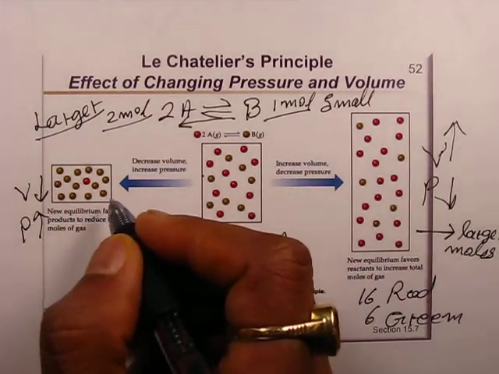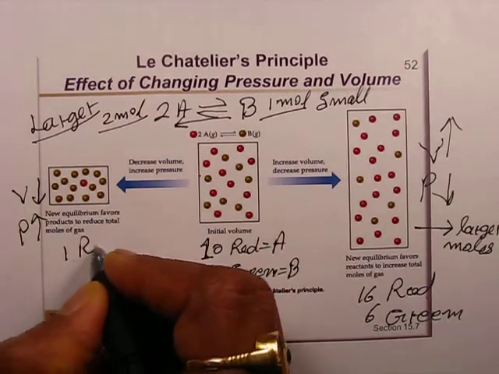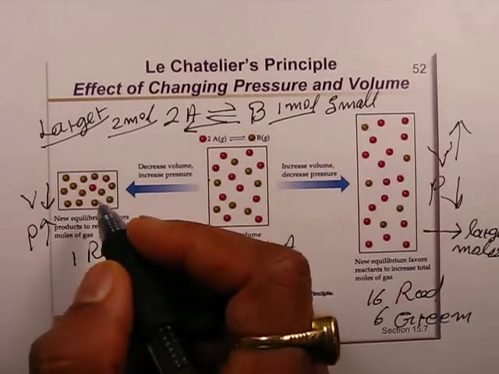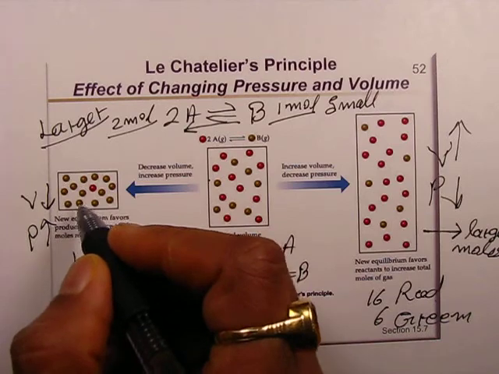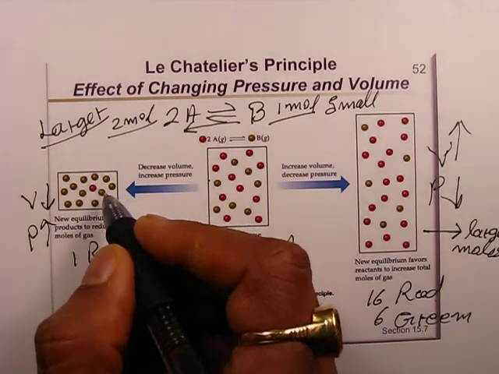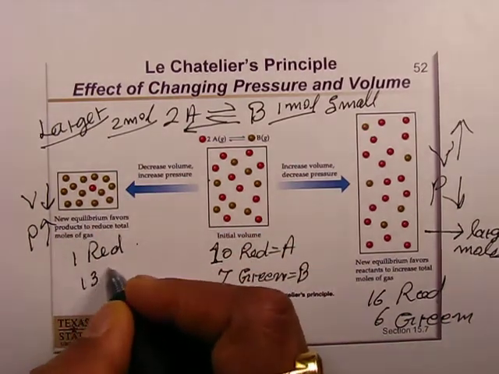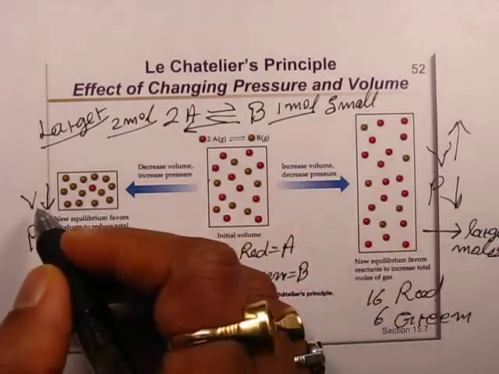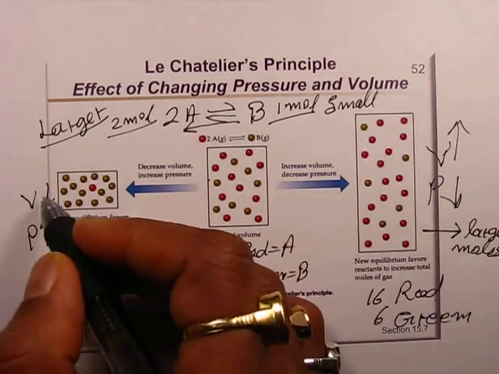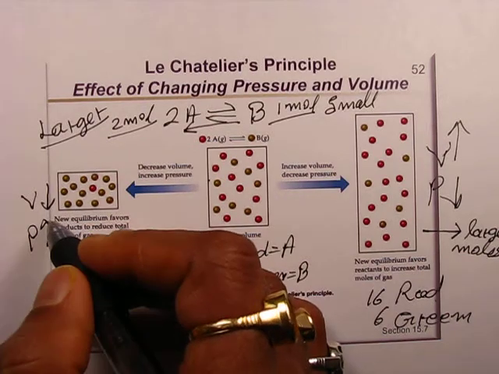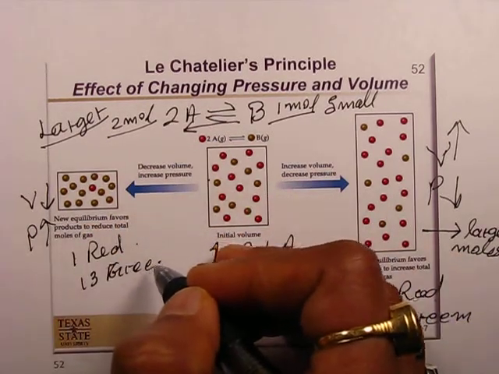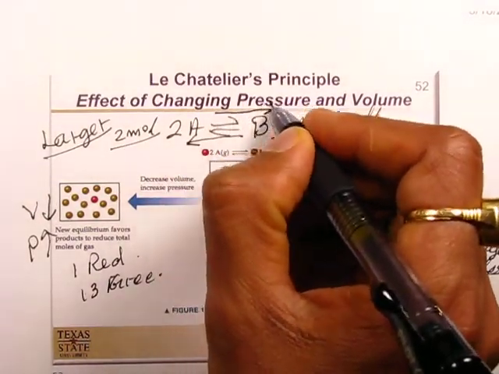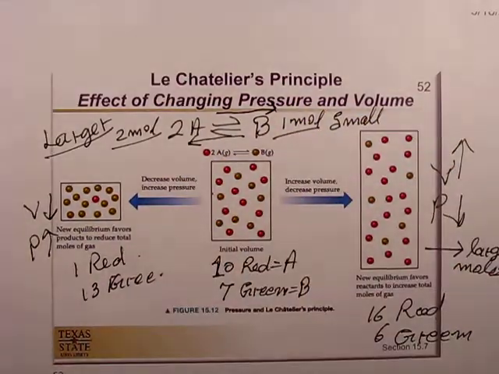In that situation you can see only one red ball is there, and if we count the total number of green balls, 1 2 3 4 5 6 7 8 9 10 11 12 13, so 13 green balls are there. It means if we are decreasing the volume and increasing the pressure, equilibrium is shifting toward the smaller number of moles, which is the product side.